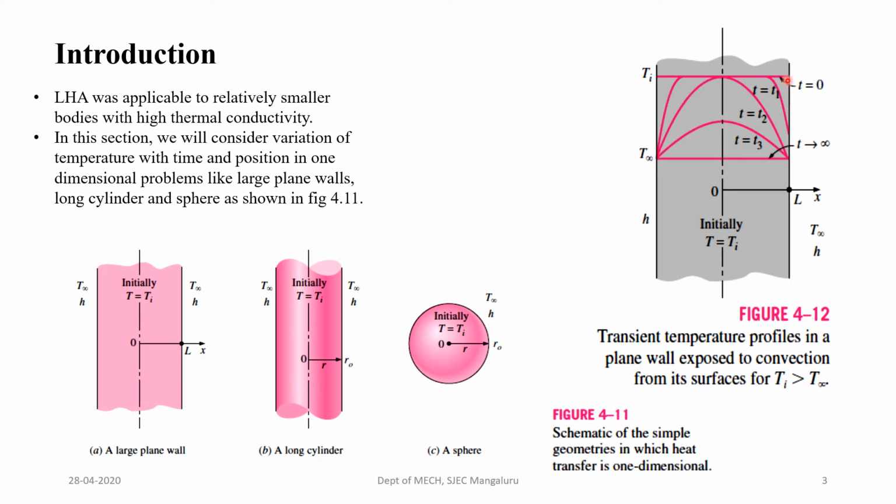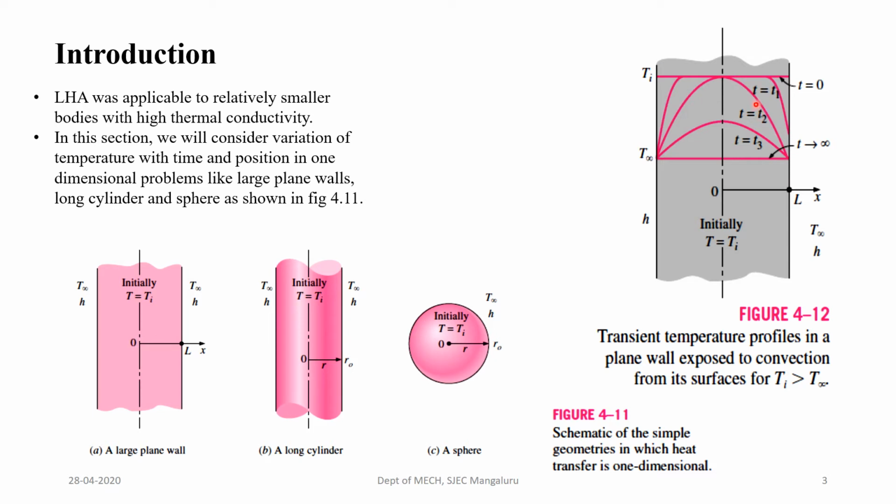So at t equal to 0, the entire solid is at temperature Ti. Now at t equal to t1, when it is exposed to a convective medium, suddenly the temperature drops to T infinity on either side, only at the surface. But at the midplane the temperature is relatively higher, and near the axis the temperature is still Ti.